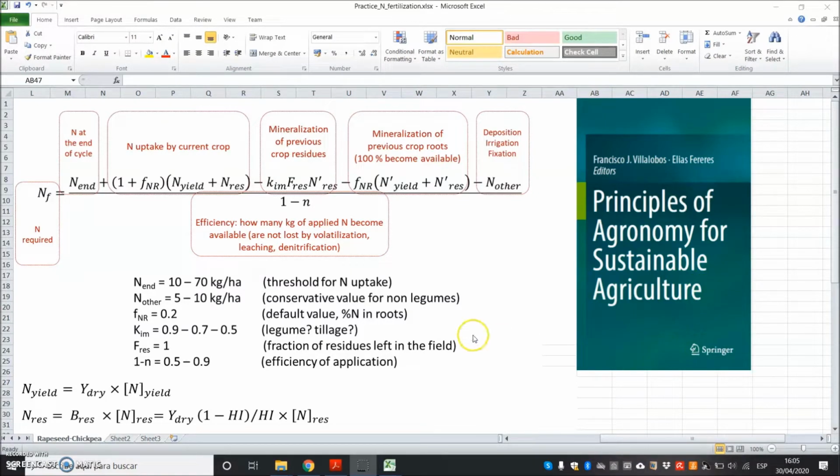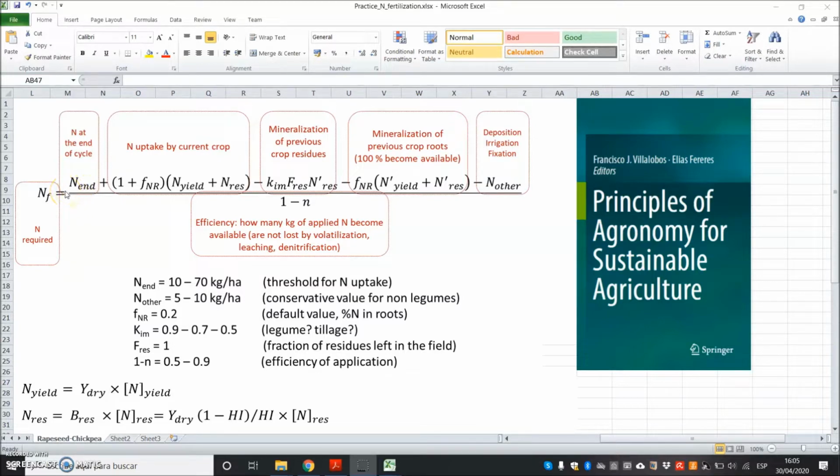In short, we will be calculating the requirements of nitrogen using this equation, which is subdivided into different components. The first one that we find is N, the nitrogen that we will have in the soil at the end of the cycle, also called the residual nitrogen.